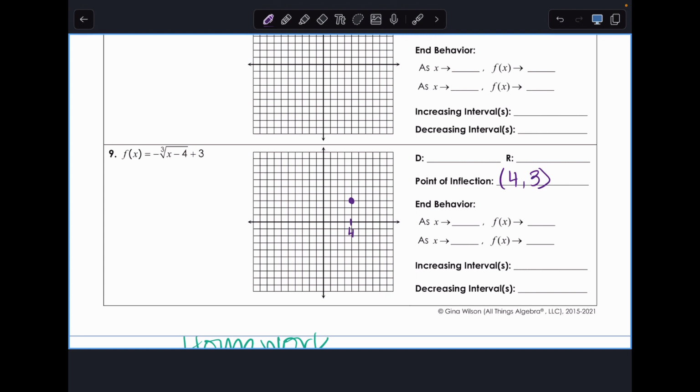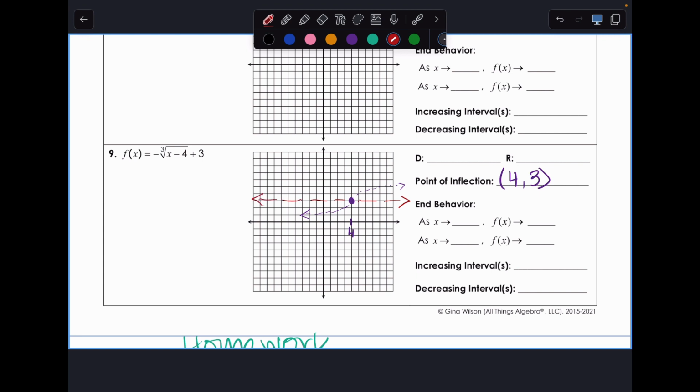It would normally go in this direction, yes? And then this direction, yeah? But it needs to be reflected over the point of inflection. Just like the square roots, it's going to reflect over the point of inflection. So what is the y value there? What is it inflecting over there?